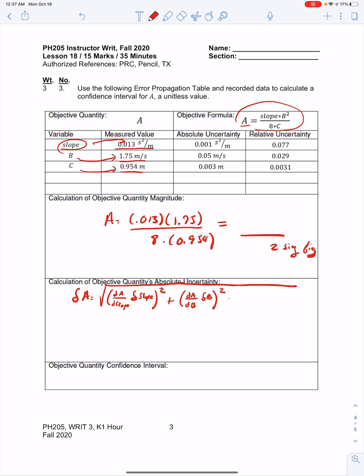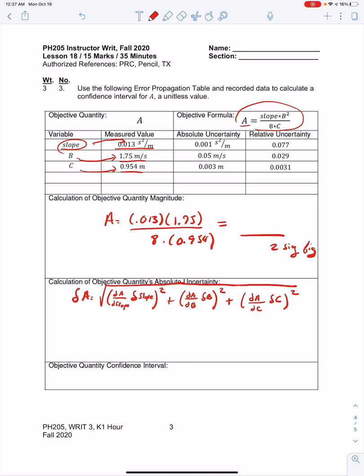And finally, my third measurement, the partial derivative of A with respect to C times the absolute uncertainty of C, squared.